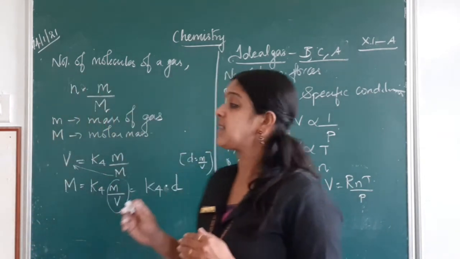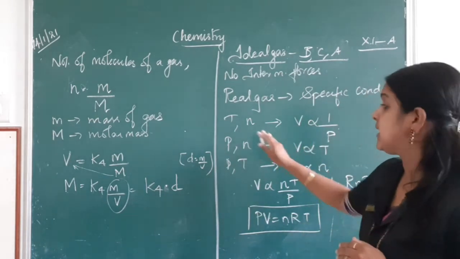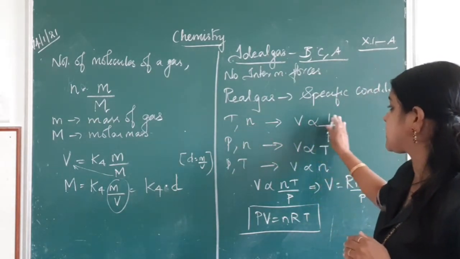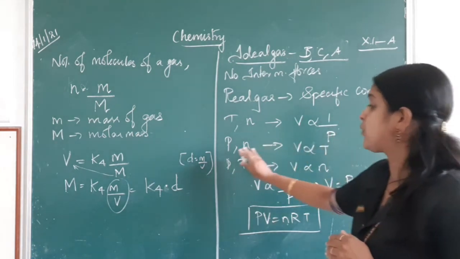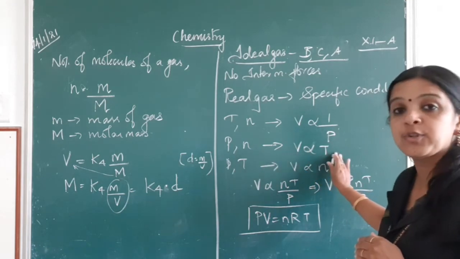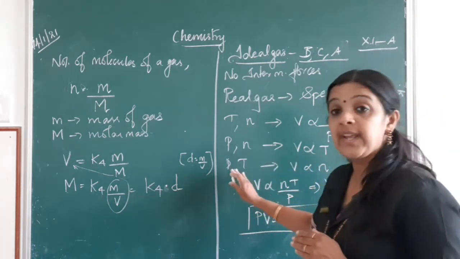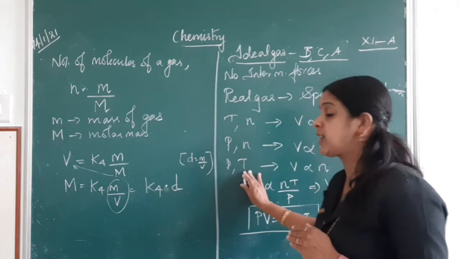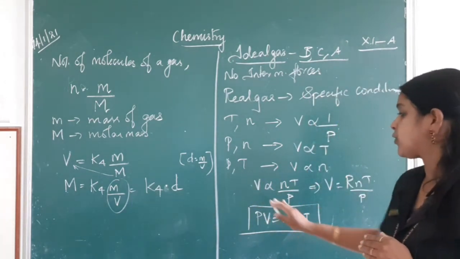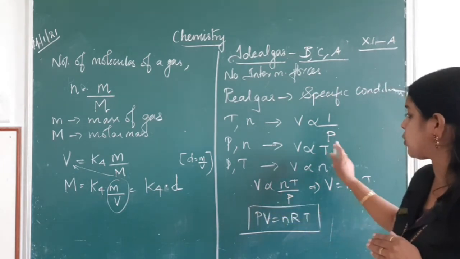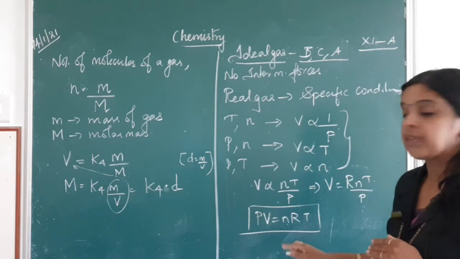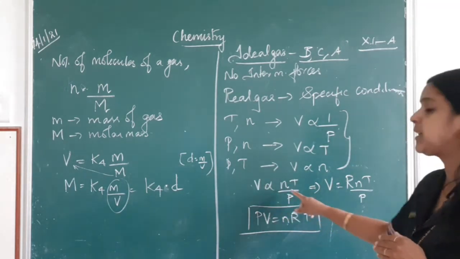Now if you consider the equation according to Boyle's law, that is at constant temperature and number of moles, volume is inversely proportional to pressure. If you take at constant pressure and number of moles, volume is directly proportional to temperature. If you take Avogadro law at constant pressure and temperature, volume is directly proportional to number of moles. So when you take volume is proportional to nT by P together with all the three equations, we get PV proportional to nT.